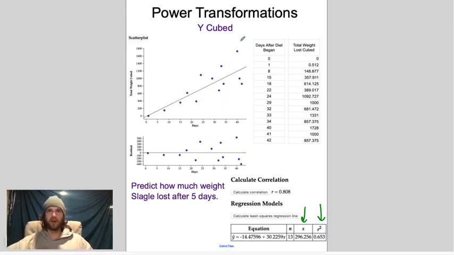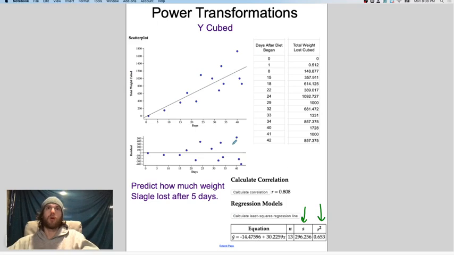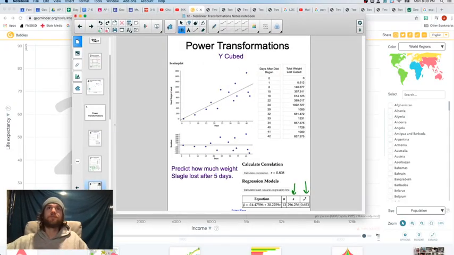So we're going to get a lot more variability about the line, which can cause problems. But remember, when we're solving back, because it's cubed, everything is becoming more extreme. So let's go ahead and make our prediction for y cubed.